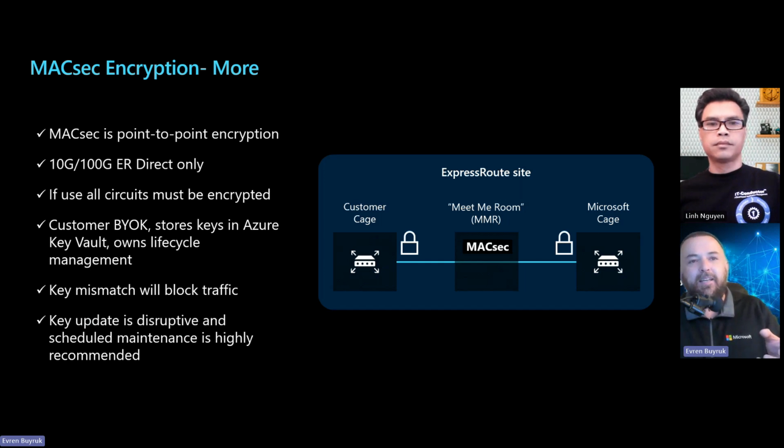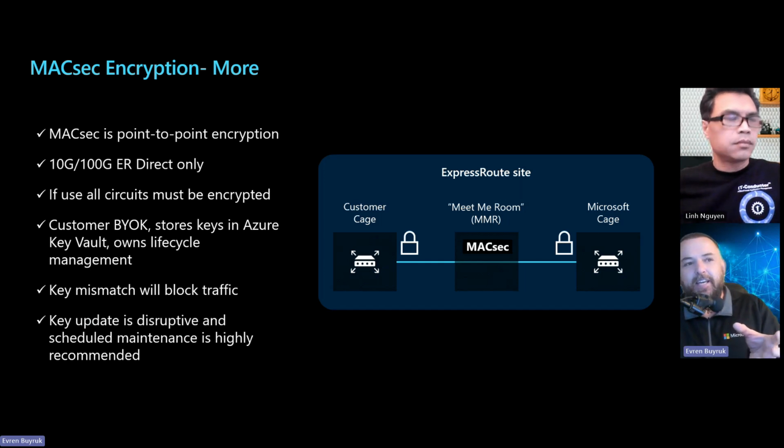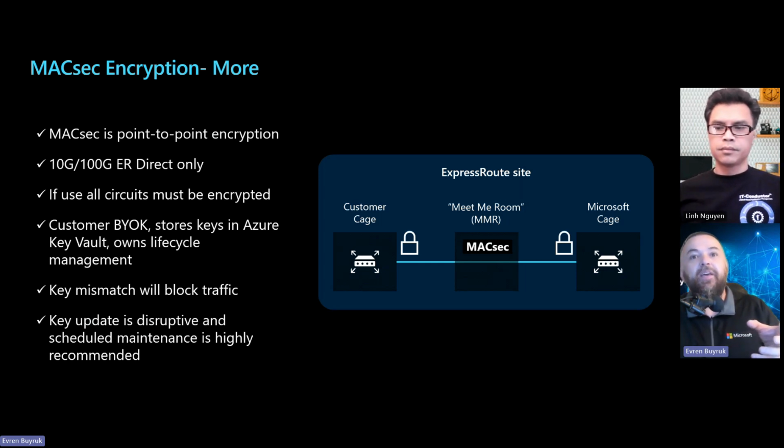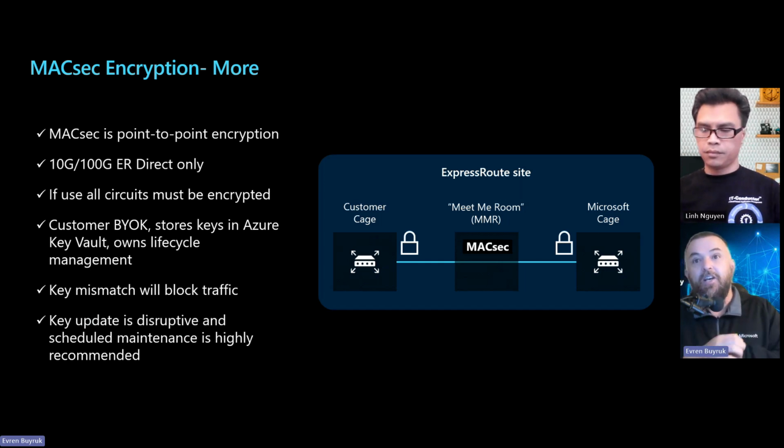So what is MACsec? It is media access control security. It assumes that any network traffic, even in the same local area network, can be compromised or intercepted by malicious attackers.